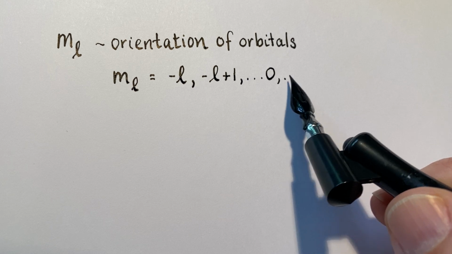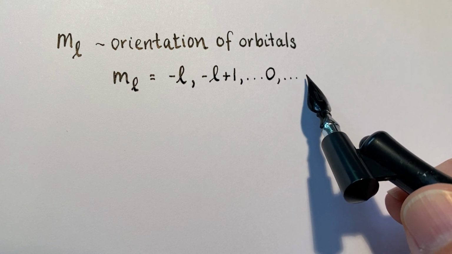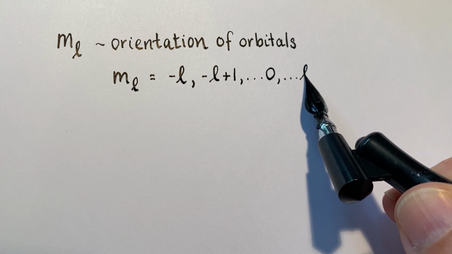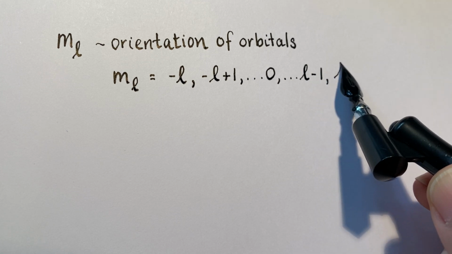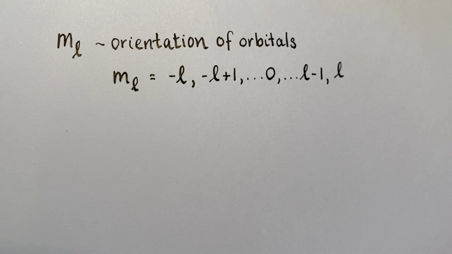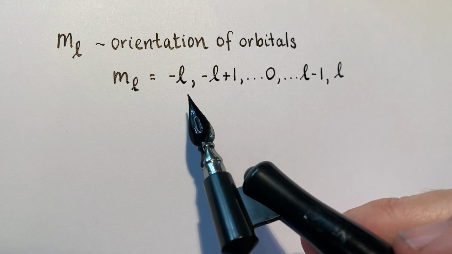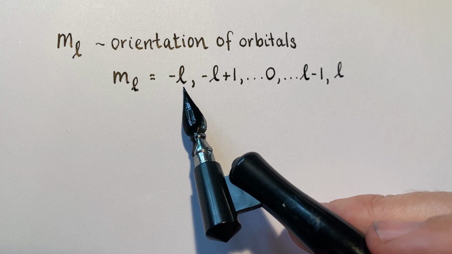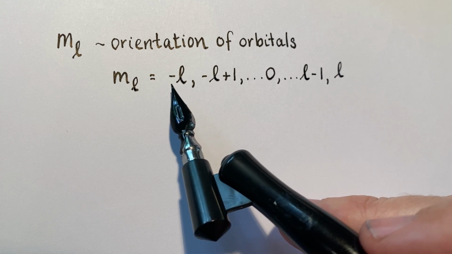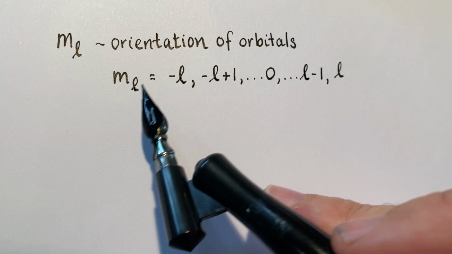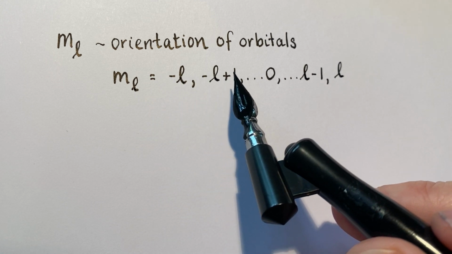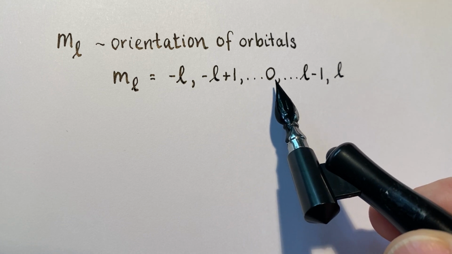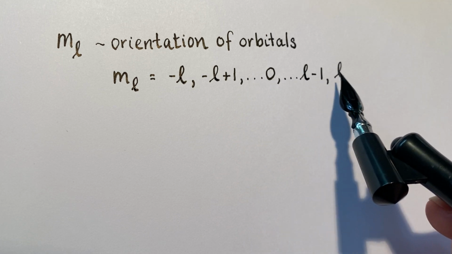And then you're in the positive realm, and we get to 1 less than L, and then up to L. And so what that means, if L has a value of, let's say, 3, then the possible values of M sub L would be minus 3, minus 2, minus 1, 0, plus 1, plus 2, plus 3.